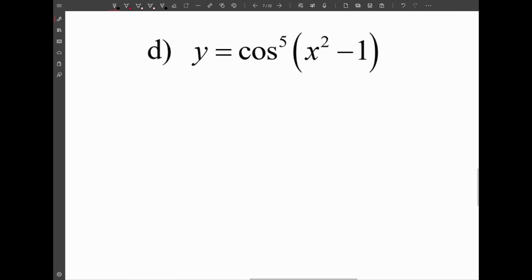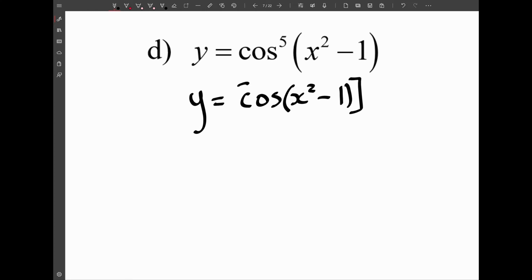And finally, this last one. This one's a little bit trickier, a little bit more going on here, so I'm going to rewrite this one as cosine of x squared minus 1, but I'm going to put that all to the power of 5. This just makes it a little easier to see our chain rule. So this means that dy/dx, well, first I'm going to do my exterior function.